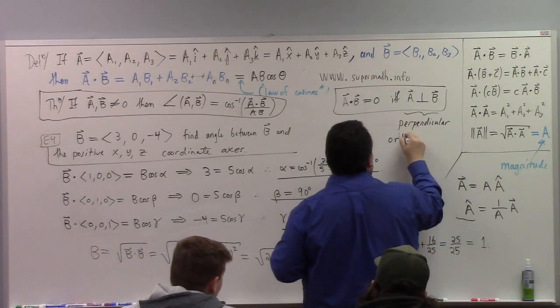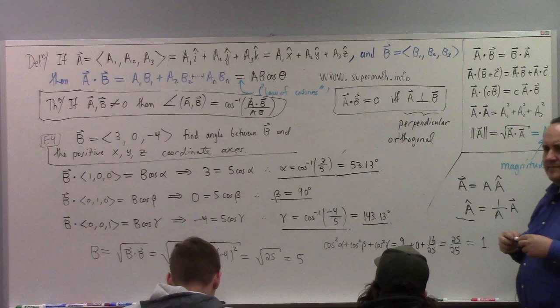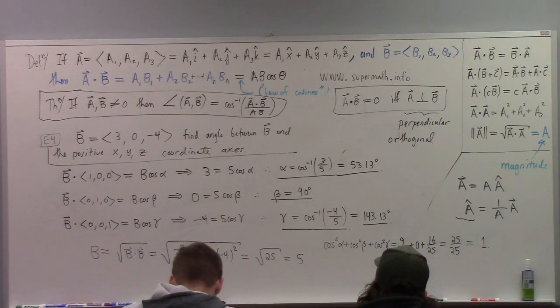That will make him happy. I think it'll make him happy. So orthogonal is just another word for perpendicular in the abstract sense. And what's the angle between perpendicular vectors? 90, right? So 90 degrees.